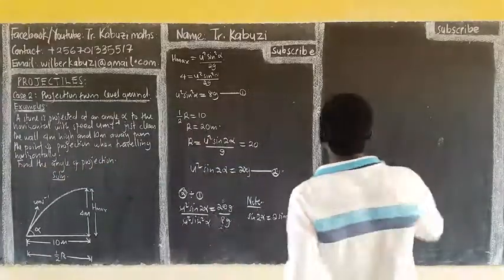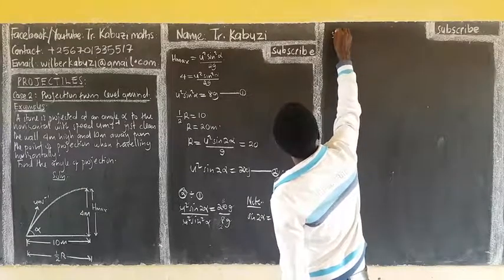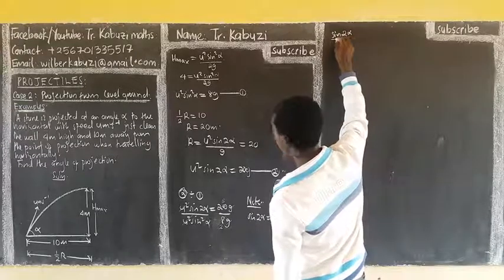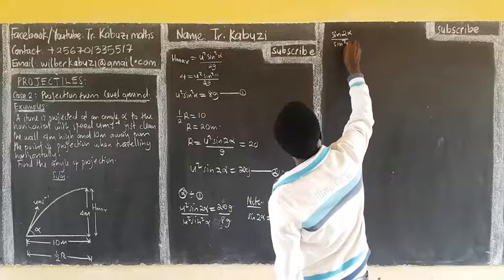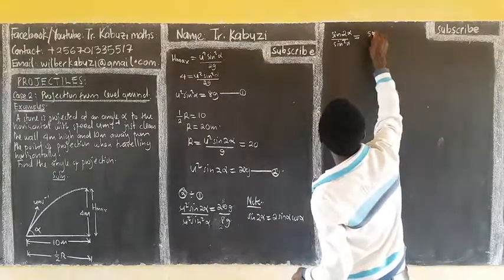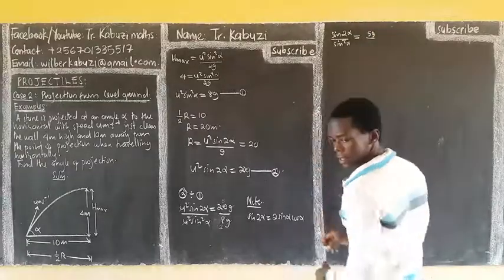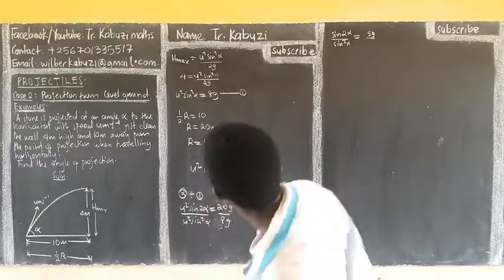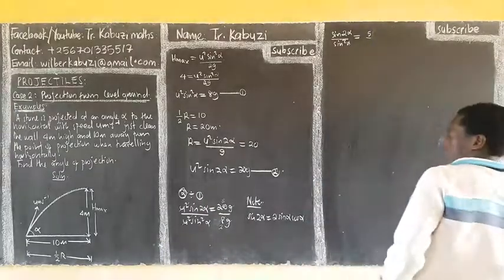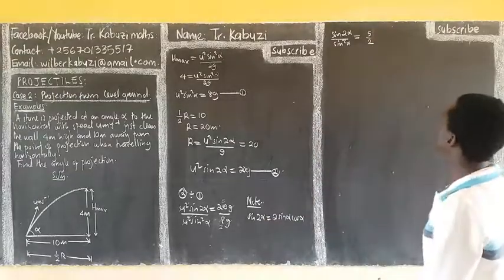From there, I have sine 2 alpha over sine squared alpha equal to 5 over 2, because we have simplified everything there.